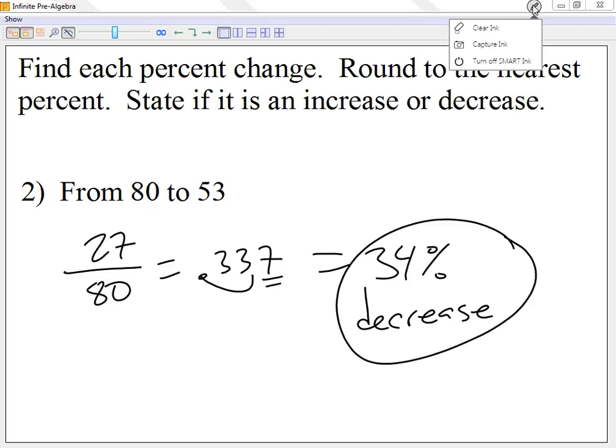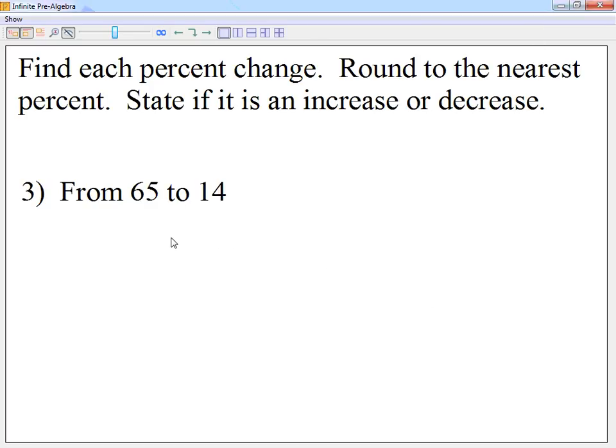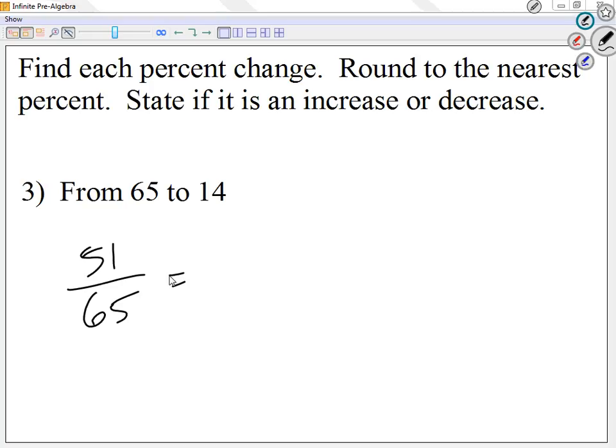Let me do just one more question. From 65 to 14, I'm going to subtract them. So I know it changes $51. I subtracted my two values, and I'm going to divide it by the first number, which in this case is 65. 51 divided by 65. The first three decimal numbers are 0.784.